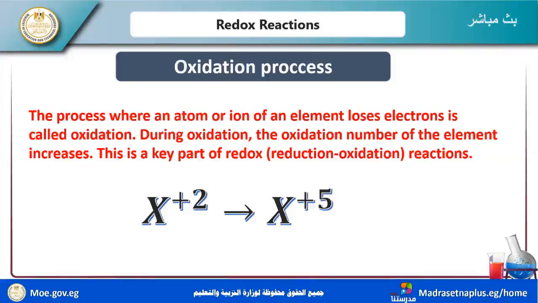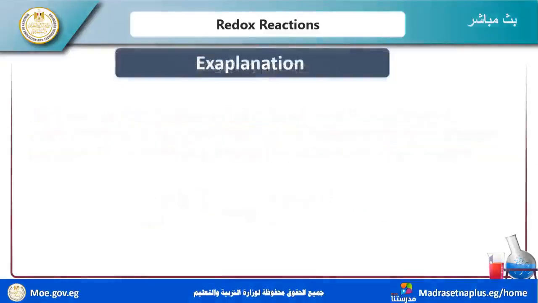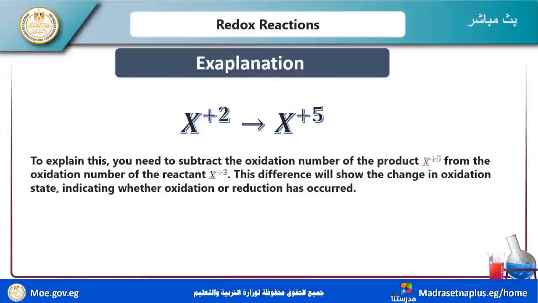If the result is negative, you call it reduced. Now we have positive 5 minus positive 2 equal to positive 3. Okay, it is a loss of electrons. It loses 3 electrons.